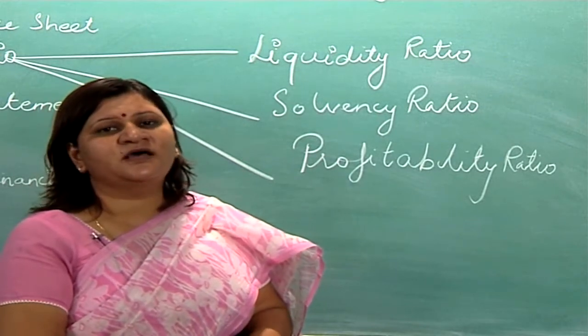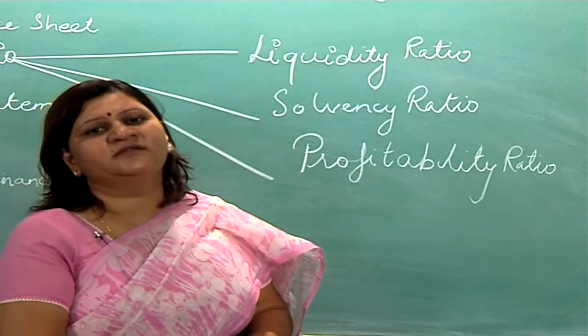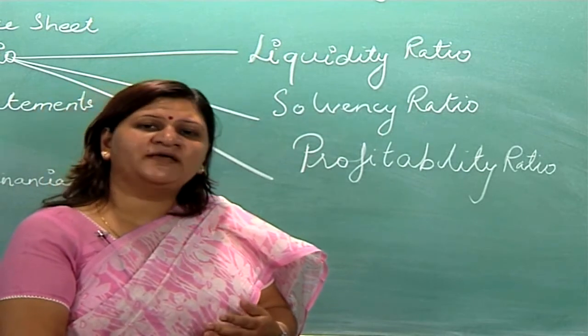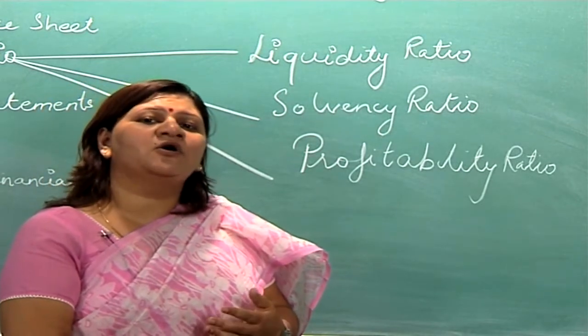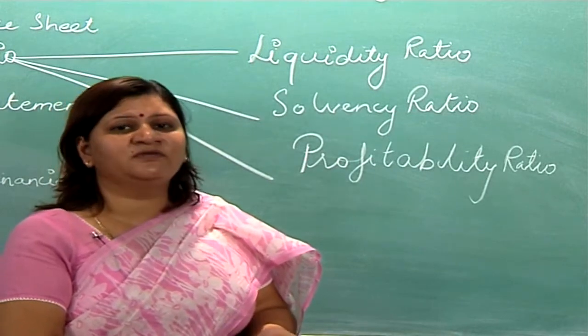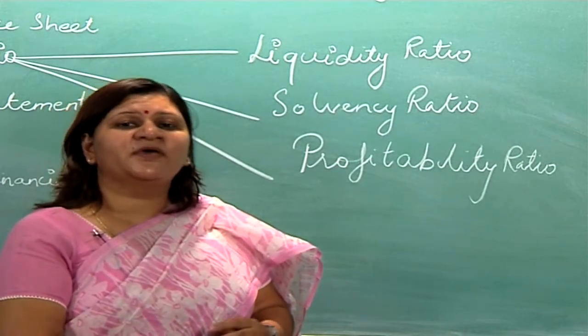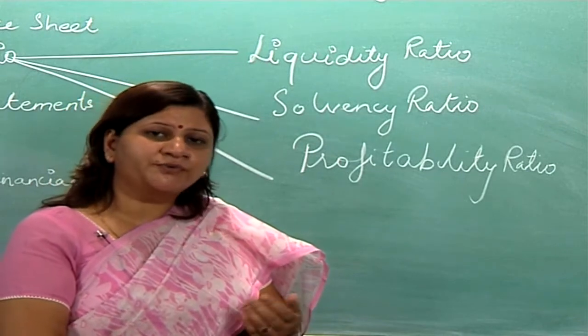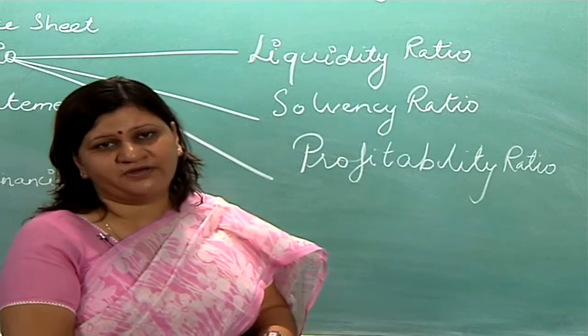Solvency denotes the going concern assumption. That means whether he is solvent enough that a long-term loan can be given to him, or he has adequate asset backing with him by which he can bear this debt. Last is profitability.